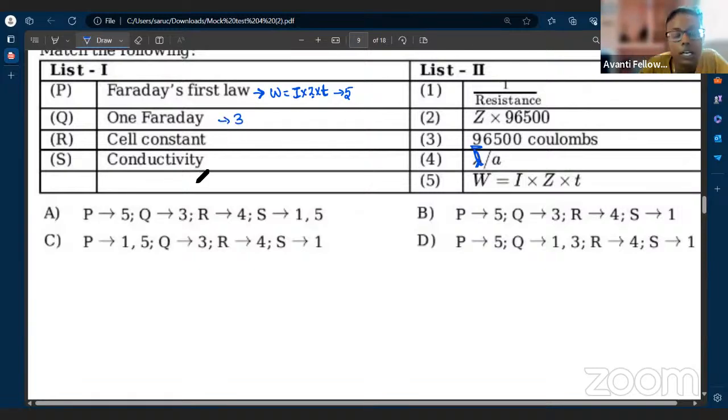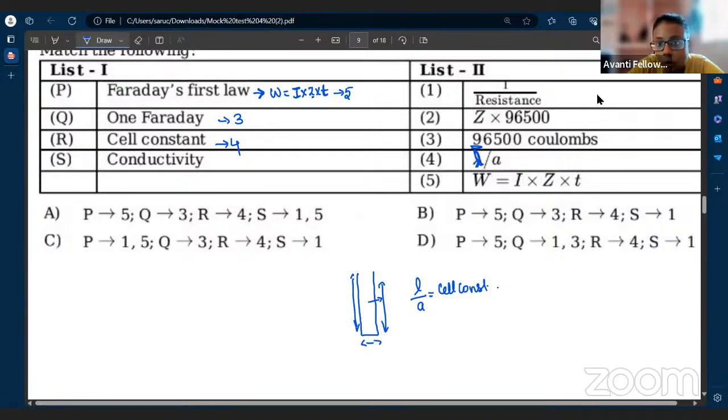So 3. What is cell constant? If you have a cell, the cell constant is the length of the cell divided by its area. The ratio of L by A is the cell constant, so it is going to be option 4.